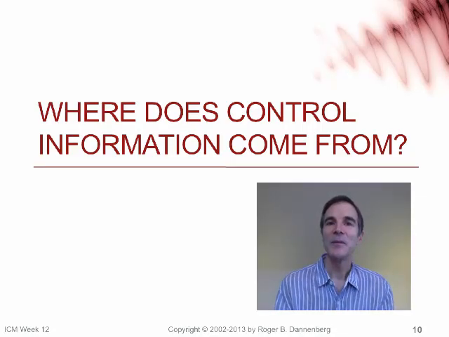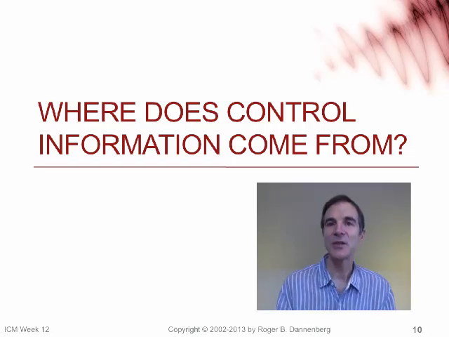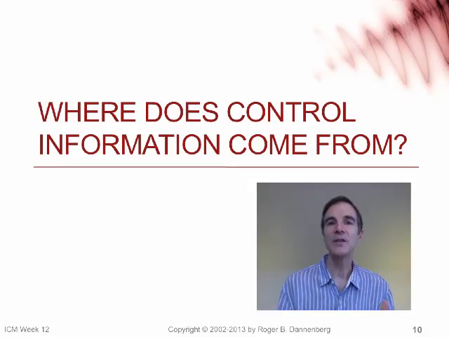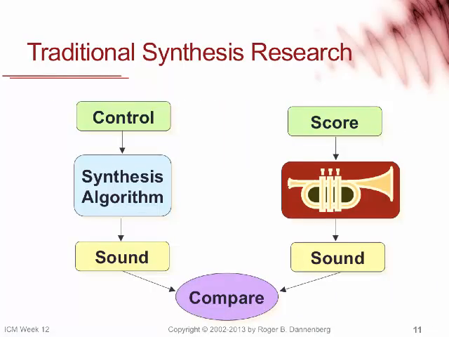The next problem we want to talk about is, where does control information come from? We've seen how to provide spectra and attacks and other information to the synthesis model, but what remains is how to change the frequency and amplitude controls that are used to select the spectra. In traditional synthesis research, the way people historically approached the problem is to design synthesis algorithms.